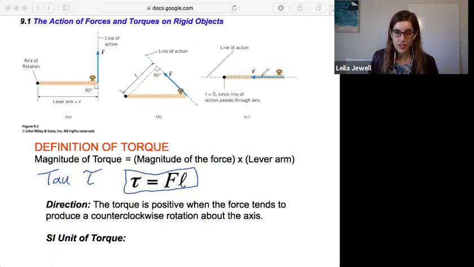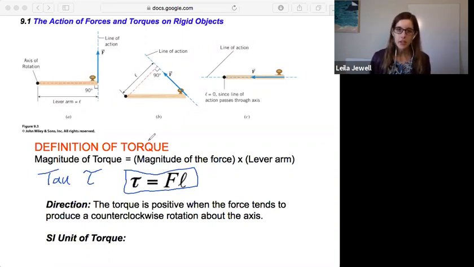And finally, if the force is directly at the axis of rotation, if you just apply a force right towards the hinge of the door, then in this case, the lever arm is 0 because the line of action passes through the axis of rotation. So that's not going to produce any torque. We get the largest amount of torque when we can apply a force that is perpendicular to the lever arm, that is as far away as possible and is pointed in such a way that it's nowhere towards the axis of rotation. That's probably a clear way to put that.